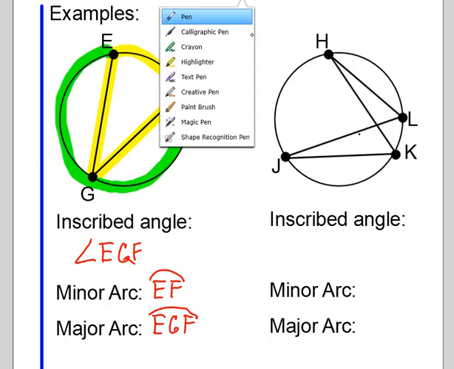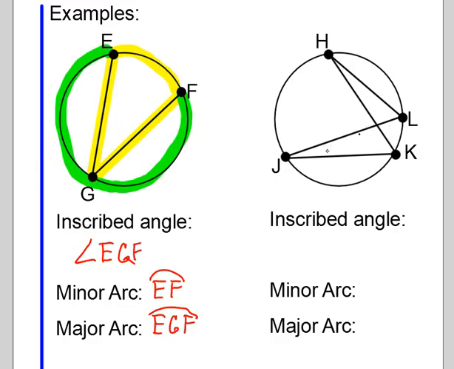In this next example, we have an inscribed angle of JKH, which has a minor arc of JH, but there is also an inscribed angle of JLH. These two inscribed angles are using the same arc to be formed.